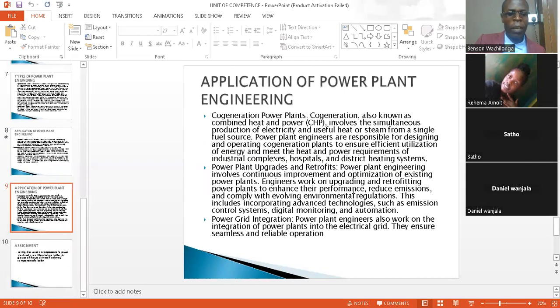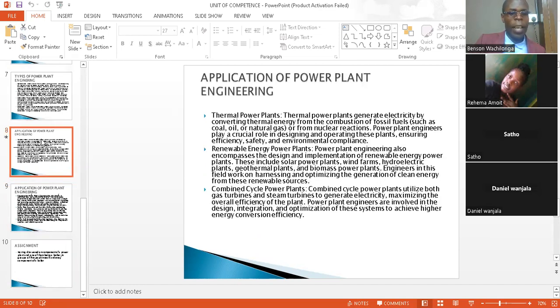The next subtopic is the application of power plants. I want one of us to tell us where this application takes place. Emmanuel Pepela, can you please tell us how we can apply it?